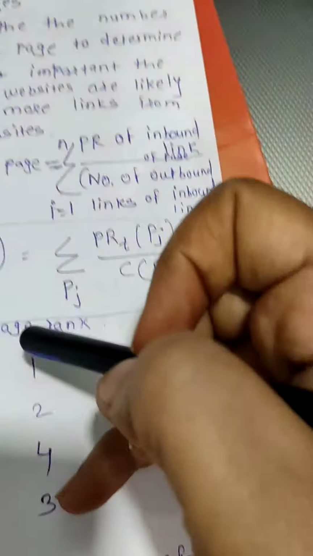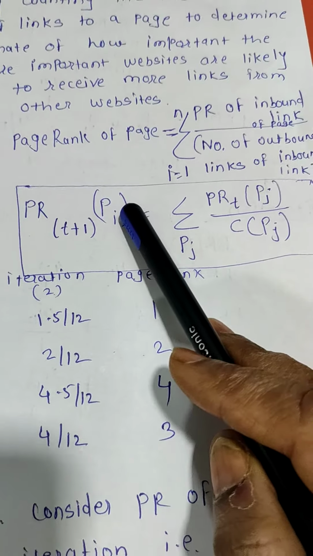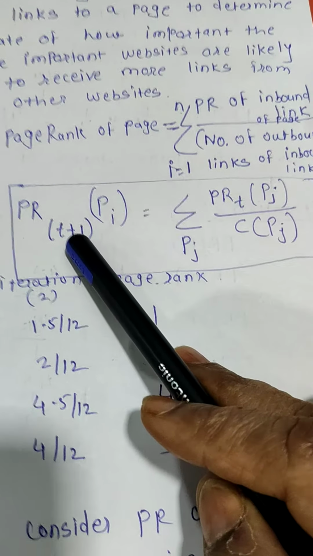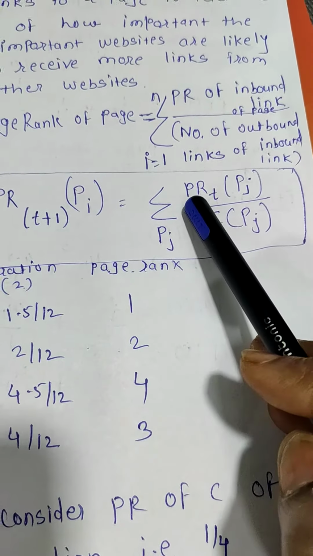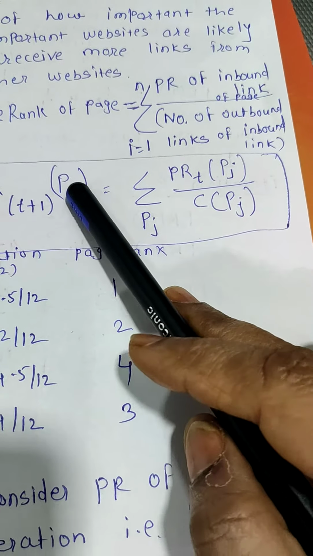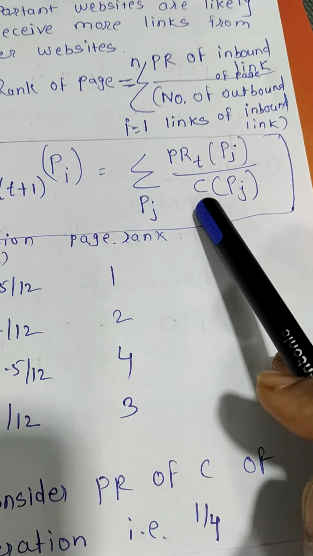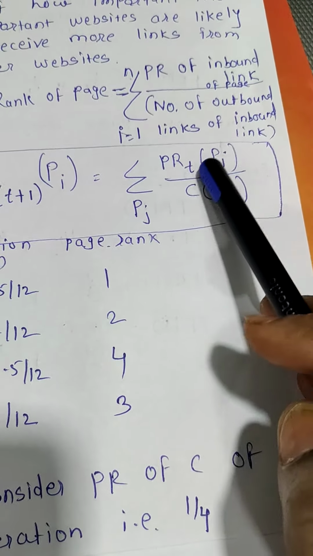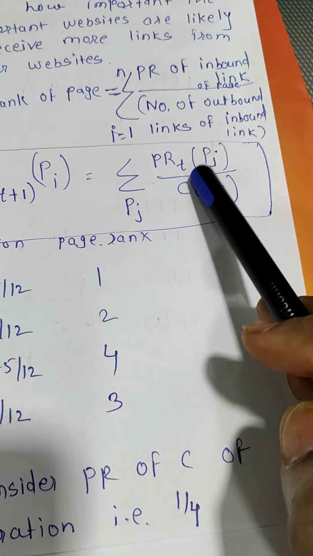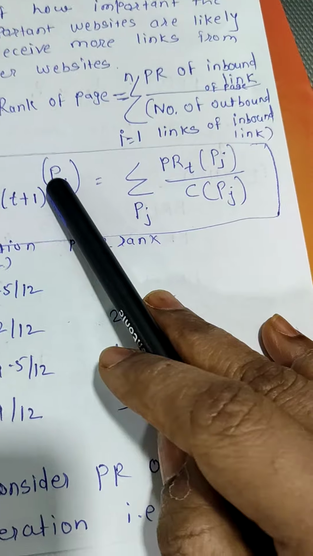So let me explain this formula. The PageRank of any page in the next iteration is equal to the PageRank, in the previous iteration, of the pages which are linking to this page, divided by the number of outgoing links of the page which is pointing to this page.